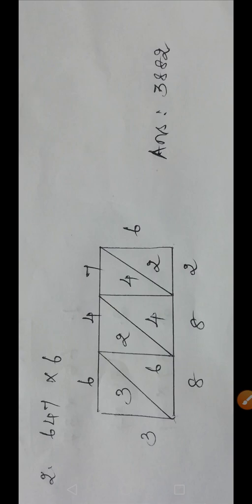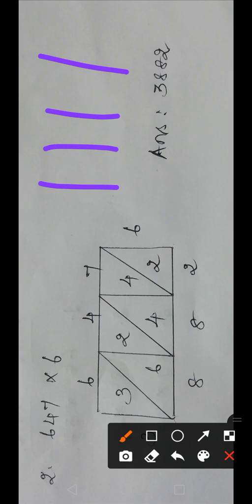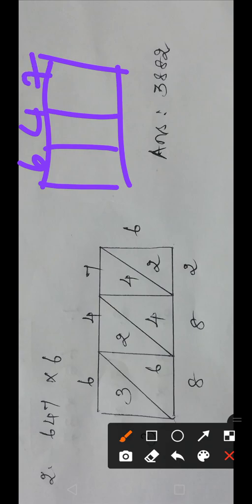For 3 columns, you should draw 4 lines. Next, for 1 row we want 2 sleeping lines. The multiplicand 6 4 7 you write upstairs, and 6 is the multiplier, written on the side of the grid.